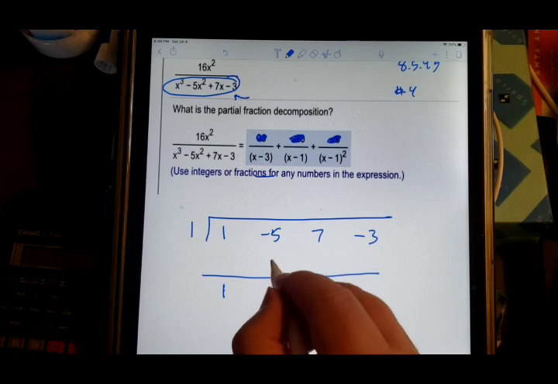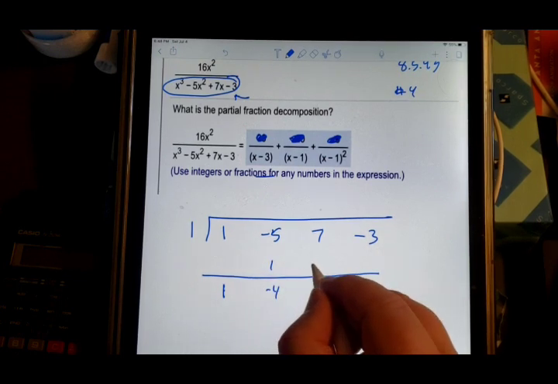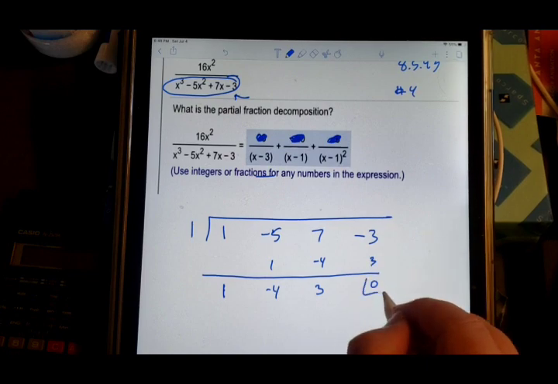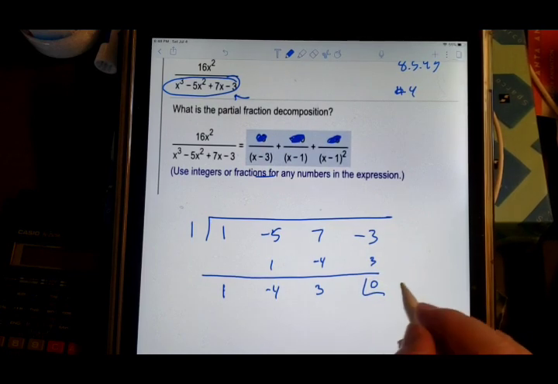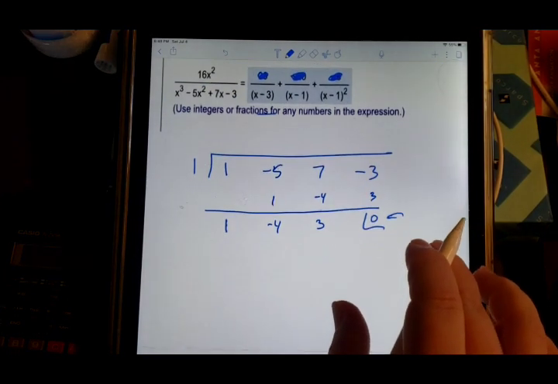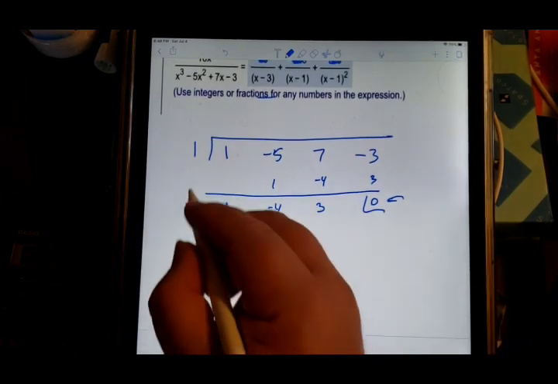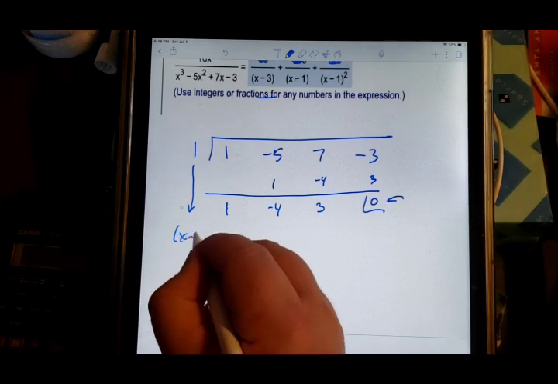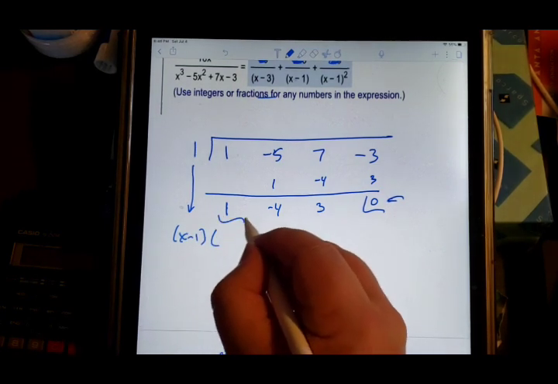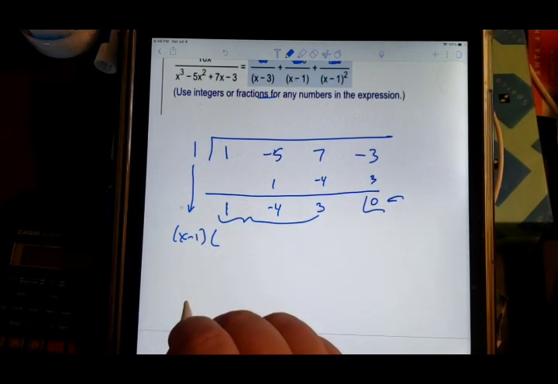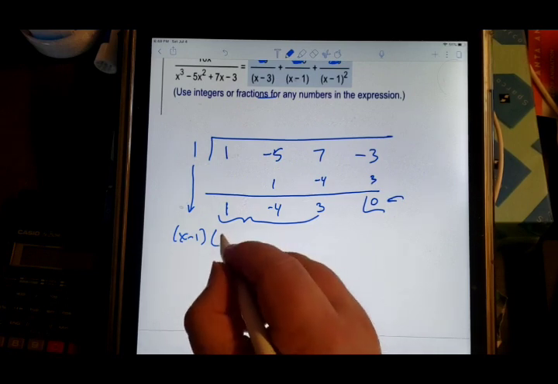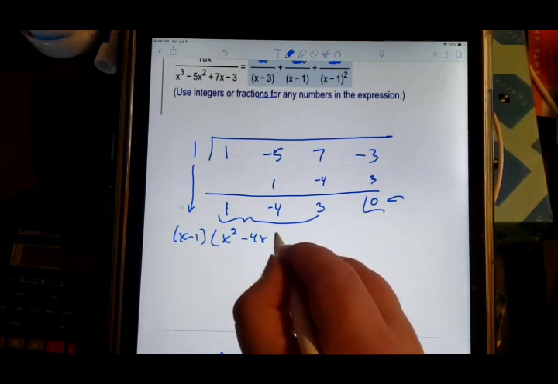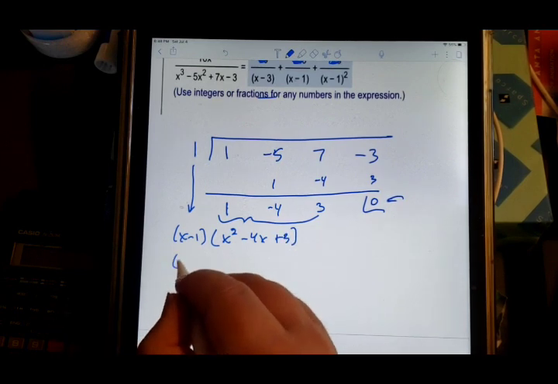1, get -4, 3. All right, I got a 0. So that means this polynomial is going to factor with x minus 1, and this is the quotient, x squared minus 4x plus 3.